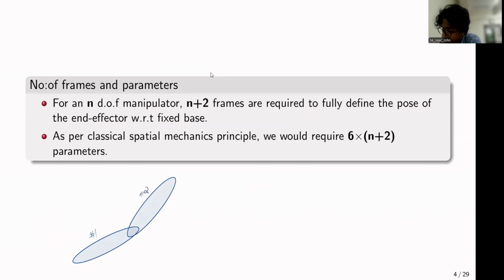Either of these links is constrained by pure revolute joints. And by convention, if there are n links, or if the mechanism has n degrees of freedom, you require n plus 2 frames to fully define the pose of the end effector with respect to the base.